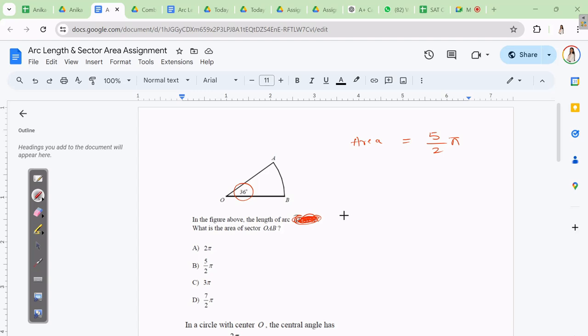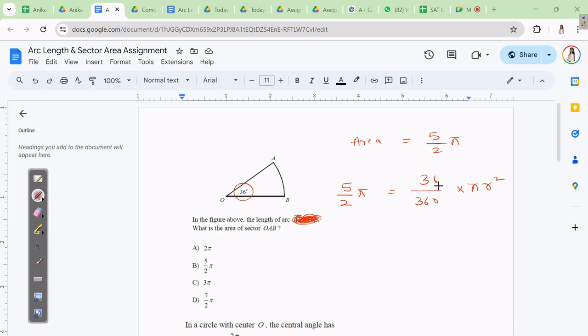Right now the arc length was given and we found out the area, but they could also give you the area, and now from the area you will find out the radius. So how will you find out the radius from the area? You know that the area is given by 36 over 360 times pi r square, and this is given to us as 5 over 2 pi.